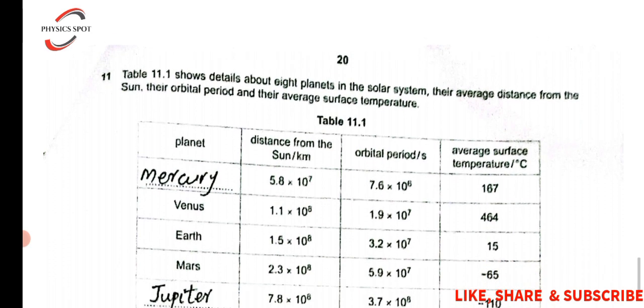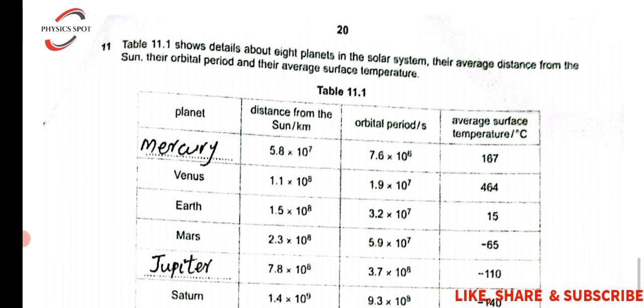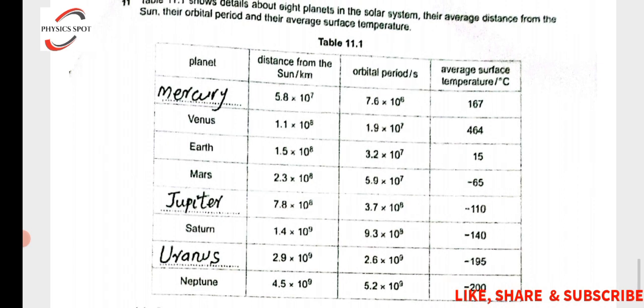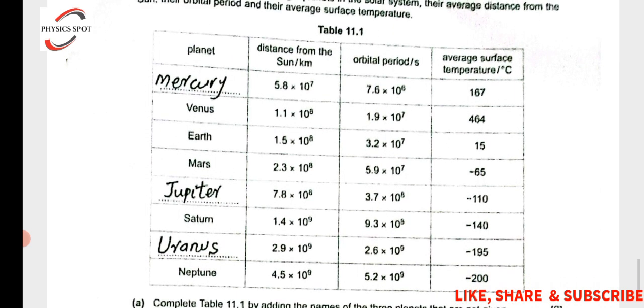So here is question number 11. Table 11.1 shows details about the 8 planets in the solar system: their average distance from the sun, their orbital speed, and their average surface temperature. For what planet is the distance from the sun 5.8 × 10^7 kilometers? That is Mercury.